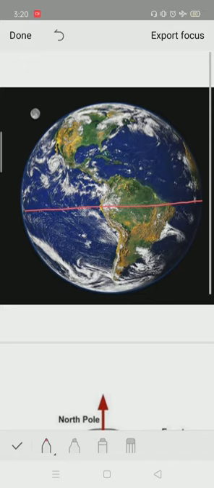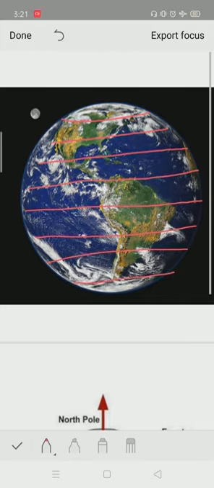As and when you move away from the equator, these circles start getting smaller. See, the lines are getting smaller. If we do the same for the south, they again start to reduce. So what can we say?